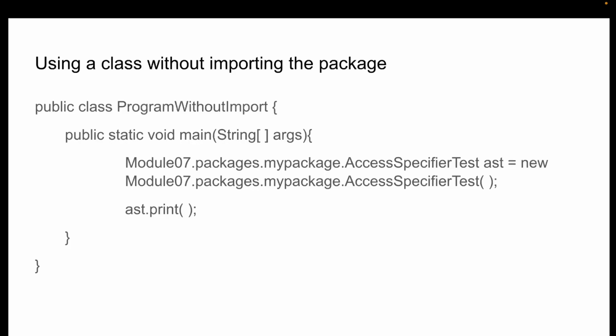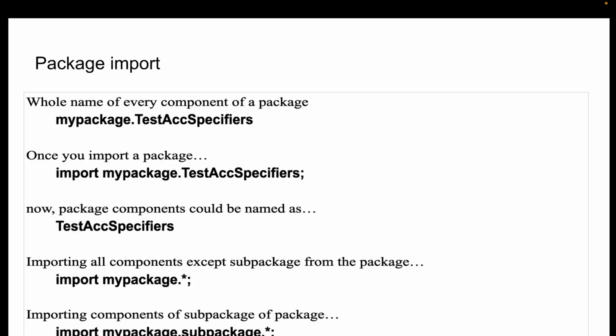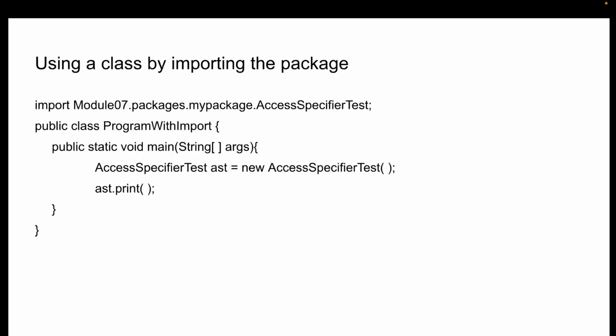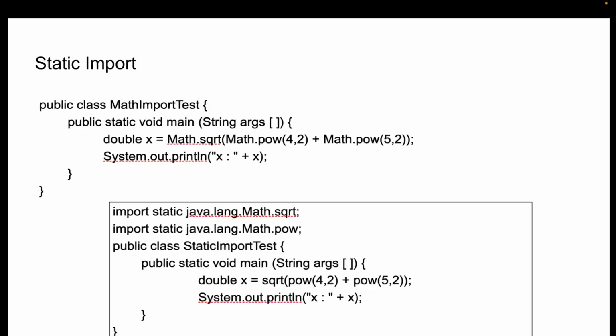It is not very readable and I don't like it. So please don't try to use this. This is a bad way of using classes without importing the package. And we have seen how we can import the packages, import the class, import the sub package, and how we can use static imports as well. So this is it about packages.